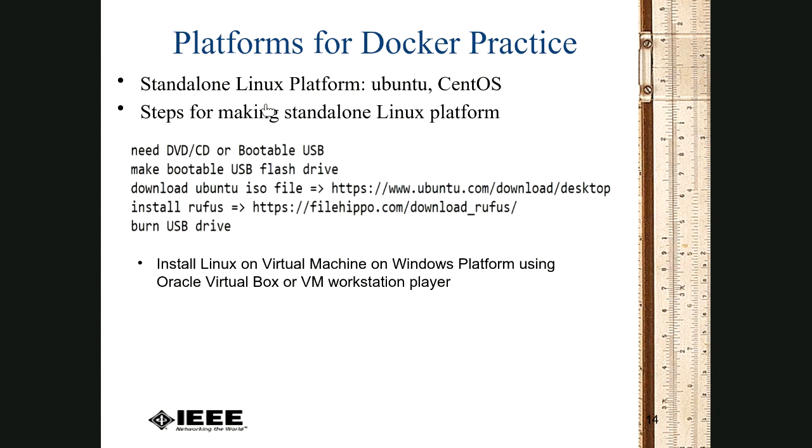This virtualization feature is available in most machines nowadays, starting from core i3, core i5, core i7; they all support virtualization. All Intel machines support that feature. So that is a necessity for you to have.